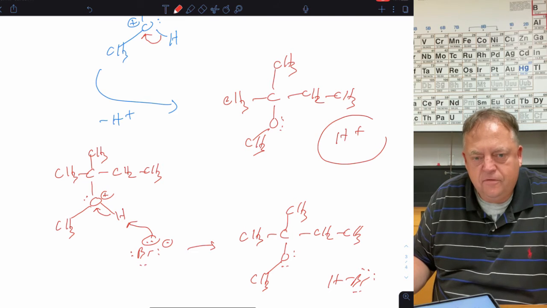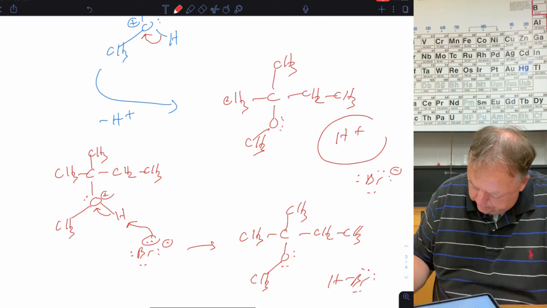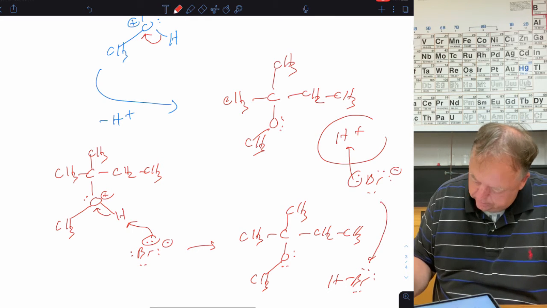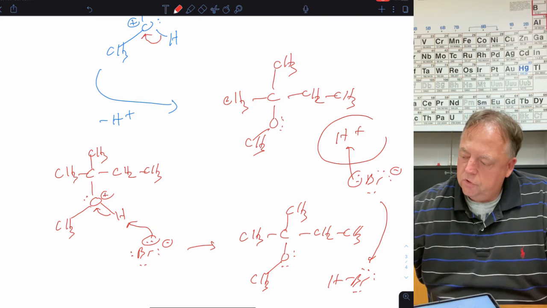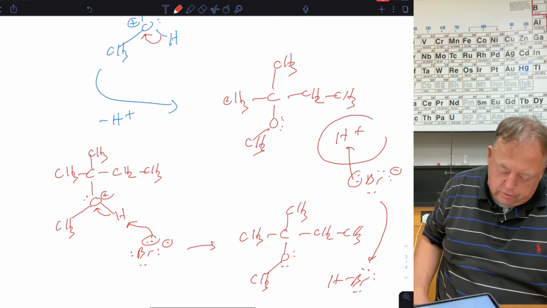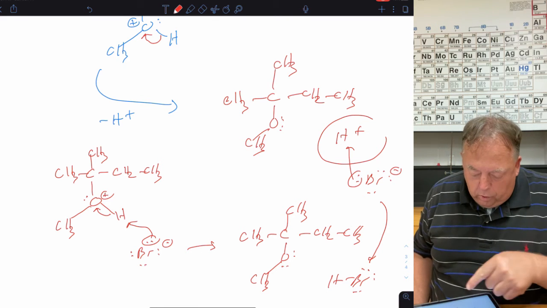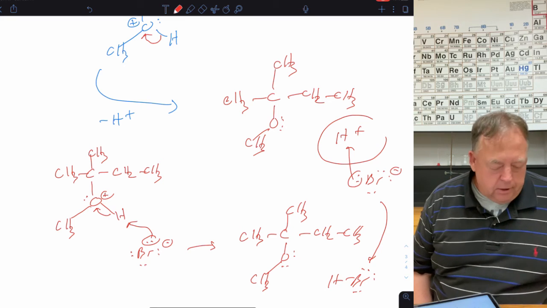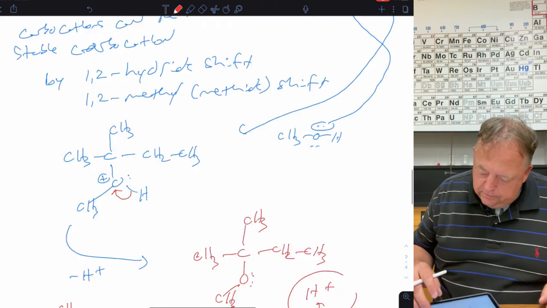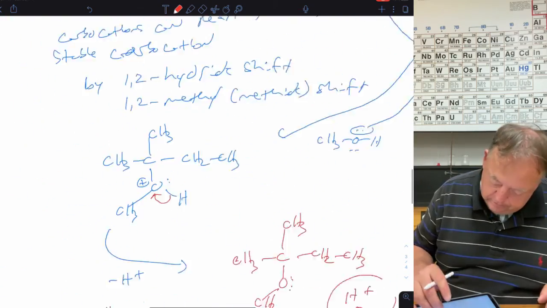It's going to find the Br- in solution. So the H+ could have come off one of 2 ways though. So it could just come off and go floating around in solution, or the Br- could come in and take the hydrogen off to give you the HBr side product. Either is fine. Okay, so let me just draw this reaction again.